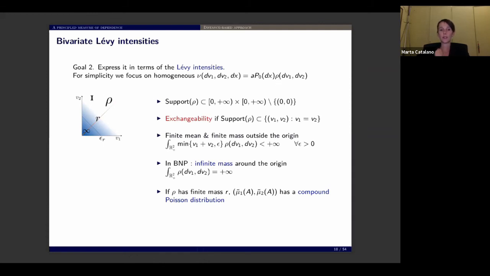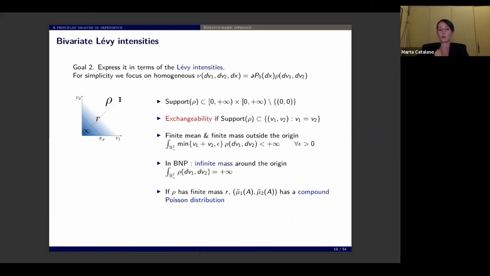Now rho is a measure that is supported on the upper right quadrant. And a crucial observation is that in order to recover exchangeability, we have to consider measures rho which are supported on the diagonal. So once again, exchangeability corresponds to the situation of a diagonal.